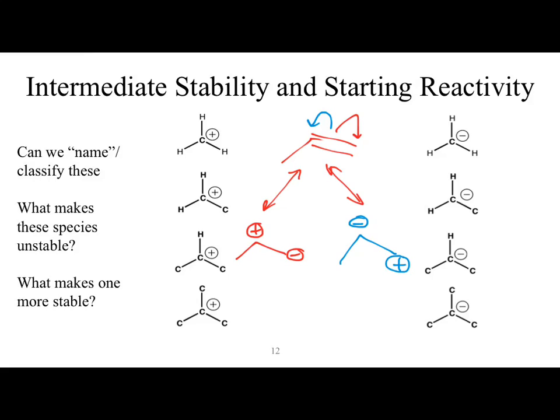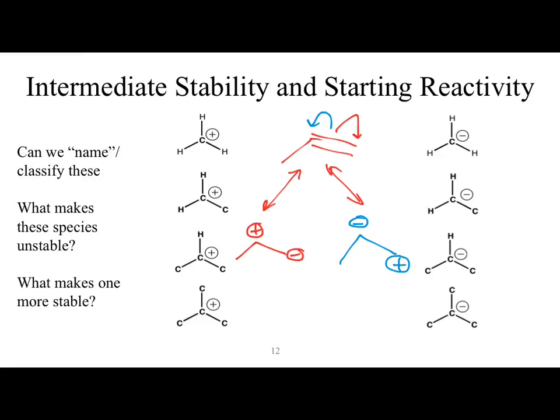Well, let's take a look at the anion. Maybe the anion messes with things. Negative charge on a primary versus negative charge on a secondary. Which one was more stable? Primary. Both point to red being our most reactive position. Okay?